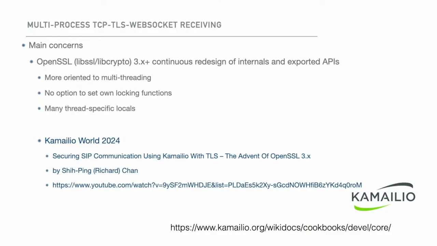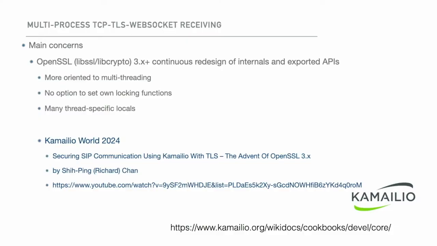We were fine with older versions like 1.0, everything was running smooth. But from 3.0, they changed a lot. Like they removed the option to set your own locking mechanism. They made it harder to work also.